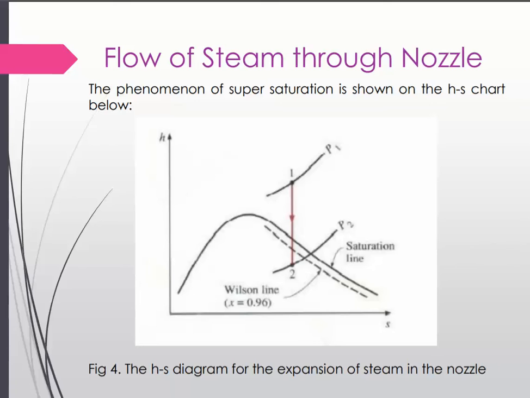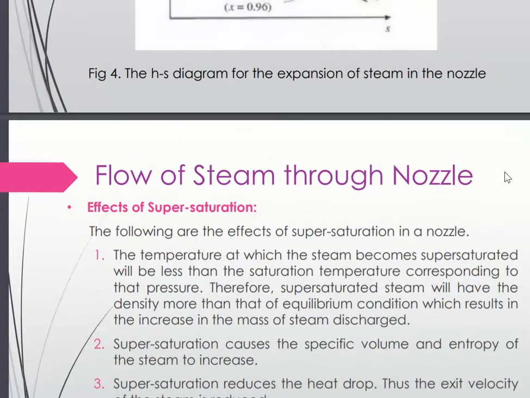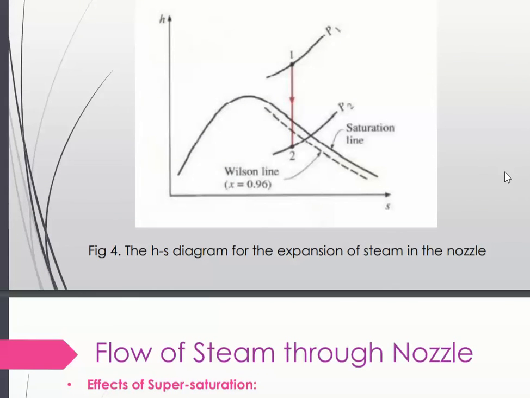At the initial phase, we have the moisture line, in which the enthalpy and the entropy increase, while after the point P, the Wilson line where the moisture is 4%, the situation goes downward and the saturation line falls down, where entropy and enthalpy decrease.